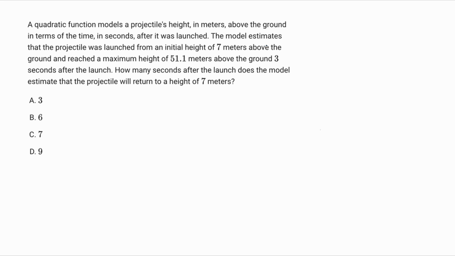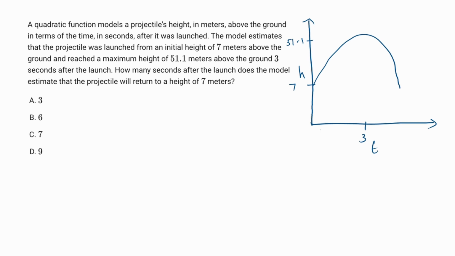So let's draw a graph to understand the question better. In the y-axis, I'll be taking my height in meters, and in the x-axis, I'll be taking my time in seconds. So the projectile was launched from an initial height of 7 meters, and after 3 seconds, it reaches a maximum height of 51.1 meters. So the graph is going to look something like this.